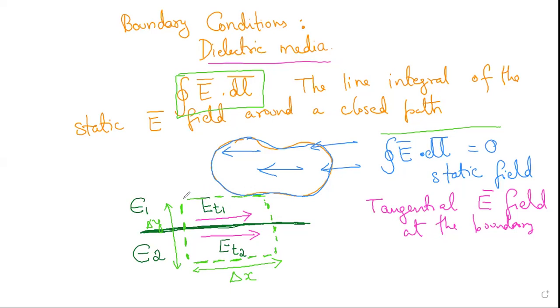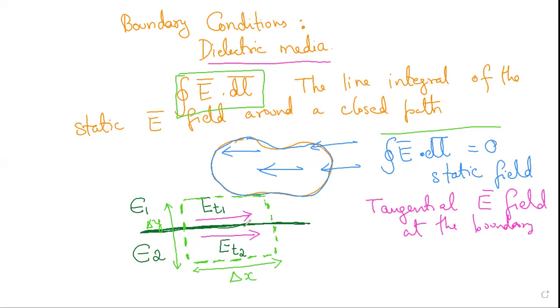Are you all with me, students? Yes, ma'am, it is a closed loop. And is it encircling the interface, the boundary? A small section of the boundary? Yes. That is why we are looking at this.